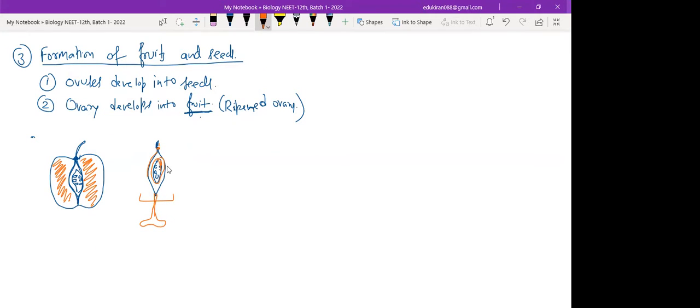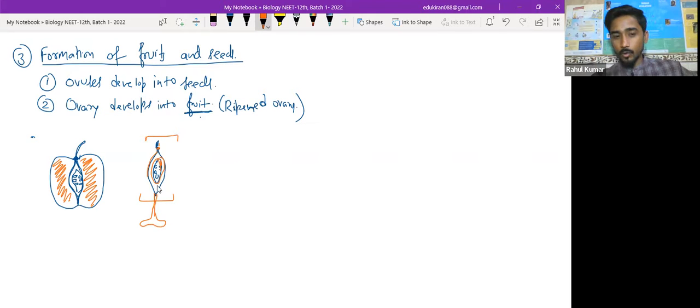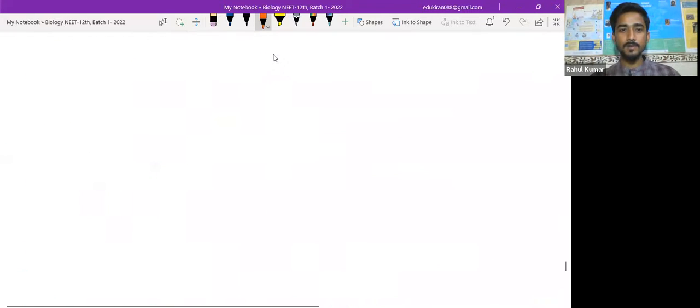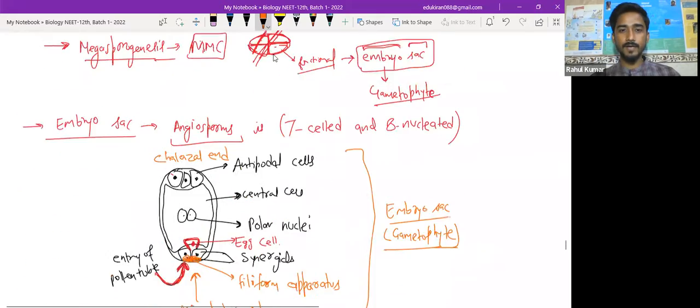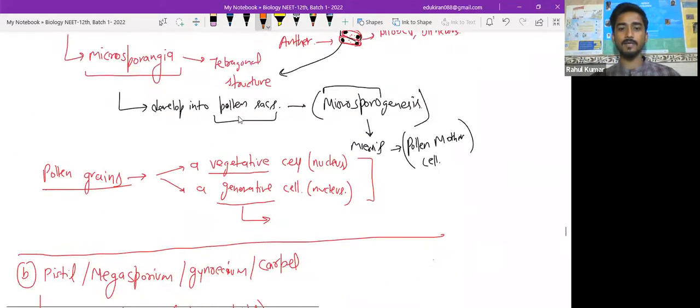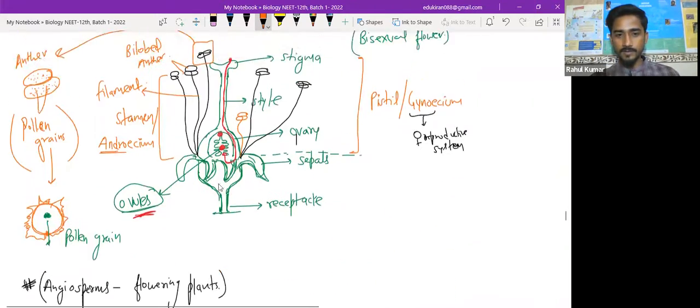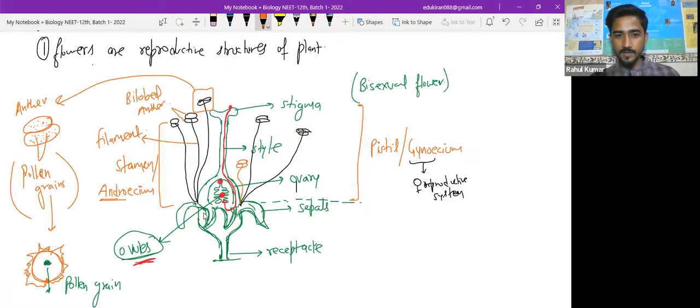So this is the part which is the true fruit. The ovary in case of apple does not ripen. What gets ripened is the part around the ovary. Like if we go to the diagram of the flower, look here. So you see ovary, this is the ovary. You see the extra tissue around and below this ovary, right? This part here.